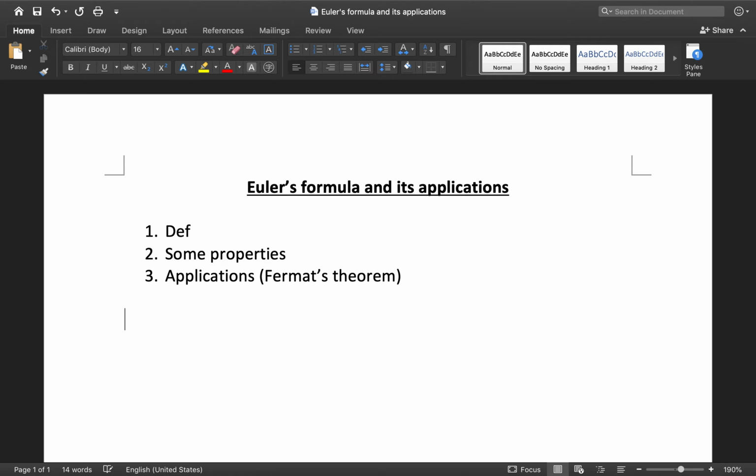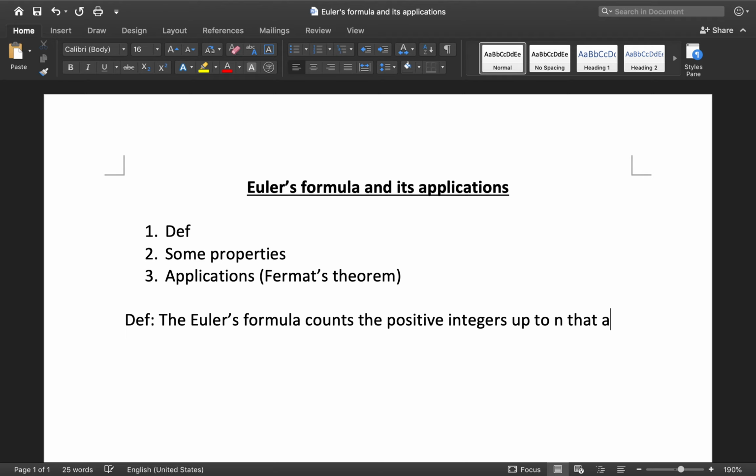So let me just begin with the definition. So what is Euler's formula? Euler's formula counts the positive integers up to n that are relatively prime to n.